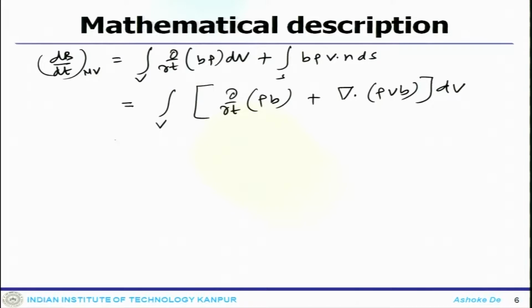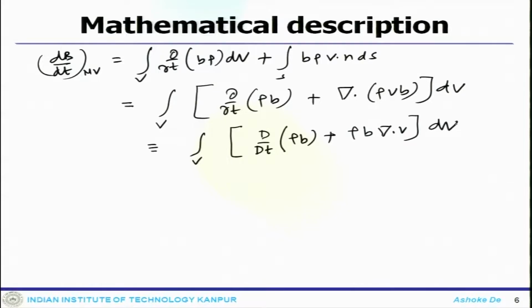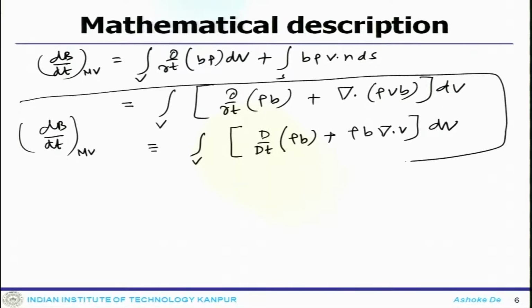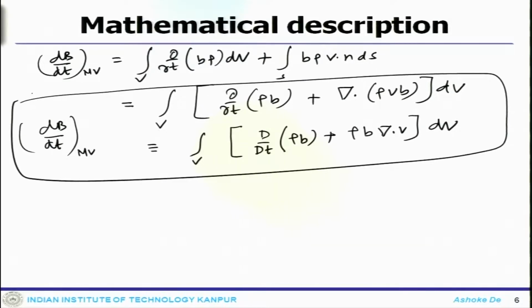One can write alternatively the same expression in terms of the material derivative, d/dt of rho b plus rho b del dot V. Now that gives me an equation for any property for a fixed control volume or a material volume.